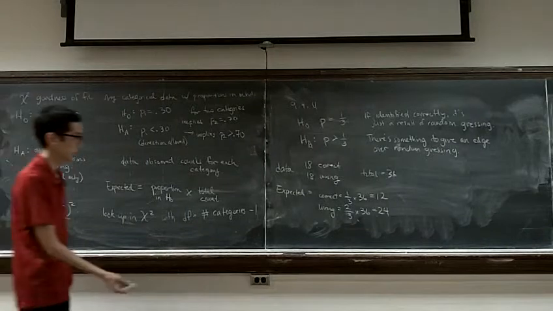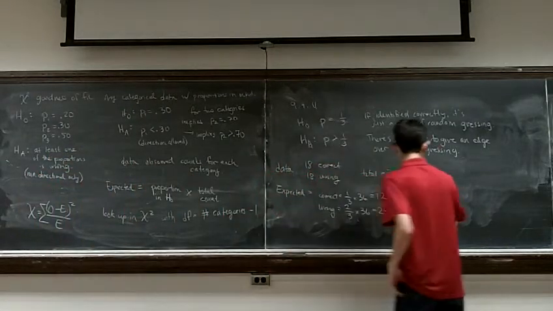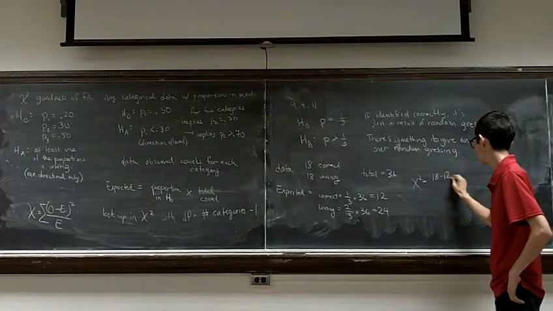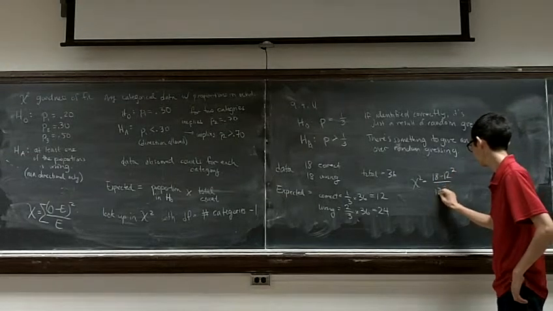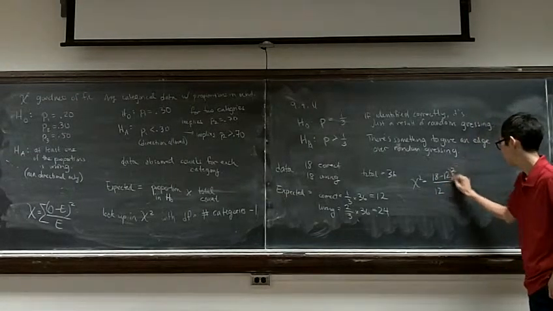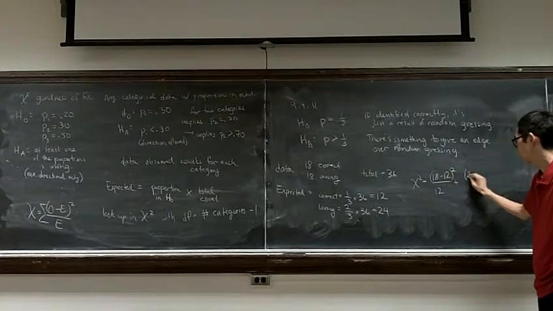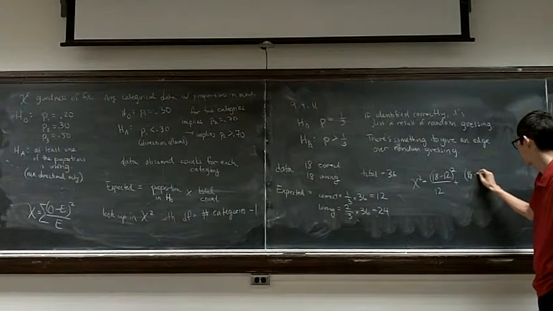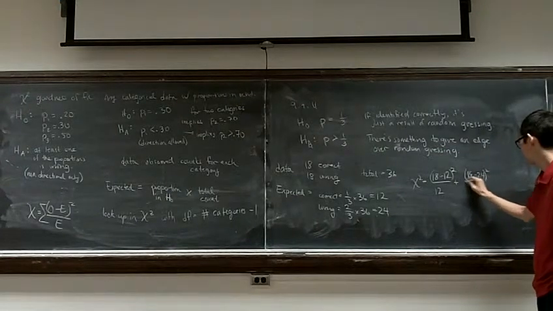Okay, and then you do your chi-squared statistic, which would be 18 minus 12 squared over 12 plus 18 minus 24 squared over 24.